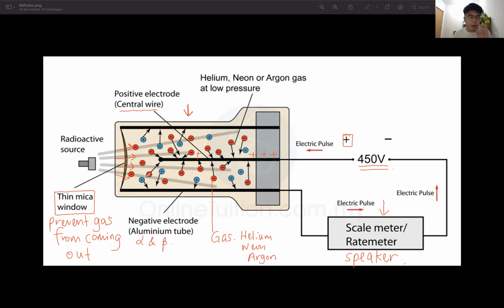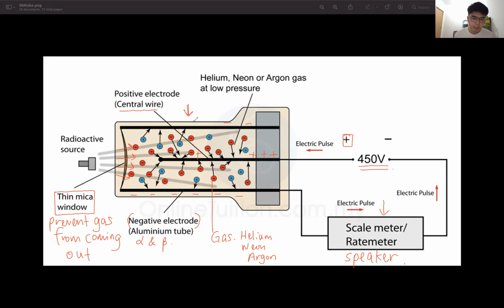So the alpha and beta cannot come out from the tube. Alpha, you can use a piece of paper to block it, but beta, you use aluminium or perspex to block it. So these two are prevented from coming out. That's why it's made of an aluminium tube. Now it is negatively charged. So the sides are negatively charged.